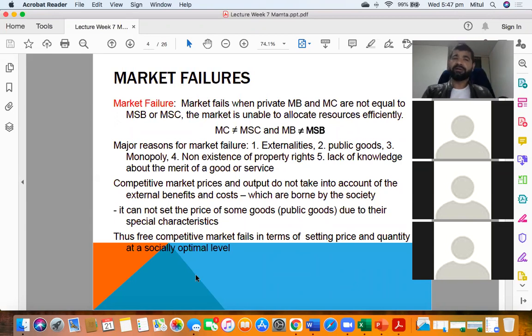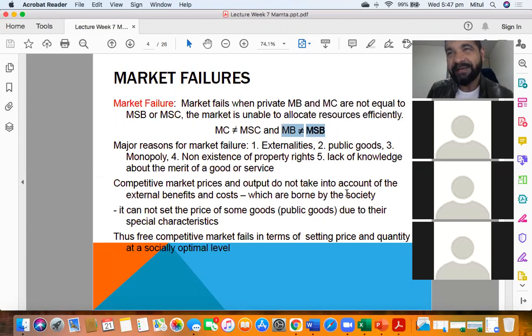So marginal cost is not equal to marginal social cost. Marginal benefit is not equal to marginal social benefit.